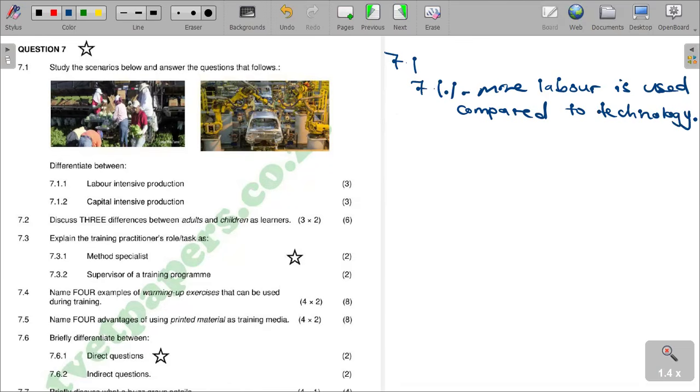More labor is used compared to technology. And then 7.12, capital-intensive production is a production whereby more capital is invested in technology and equipment for production.